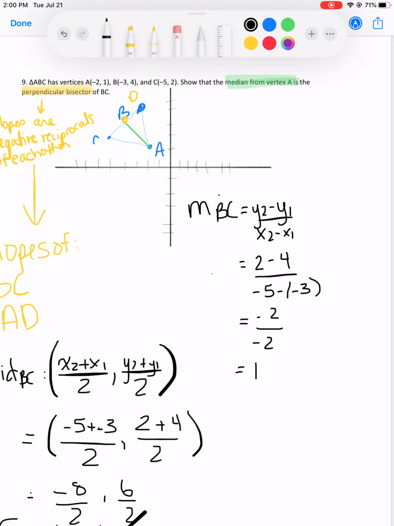So that means we hope that the slope for AD is negative 1. I'm not going to write down the slope equation this time. So y2, this is negative 4, 3.